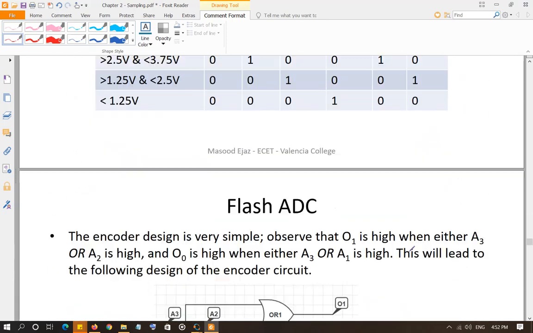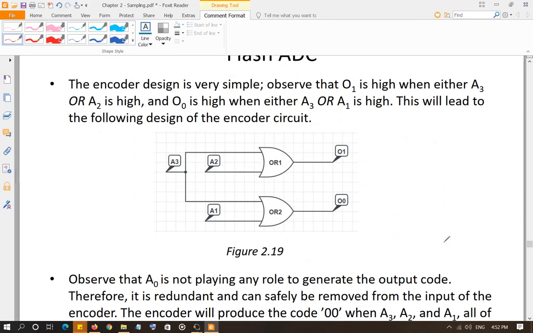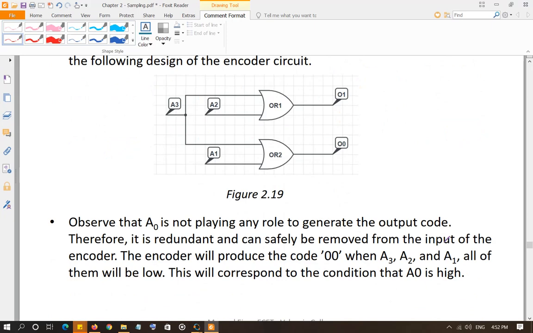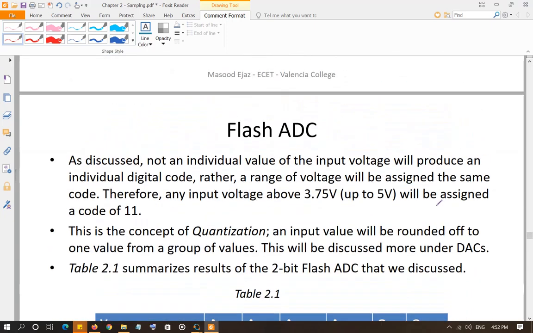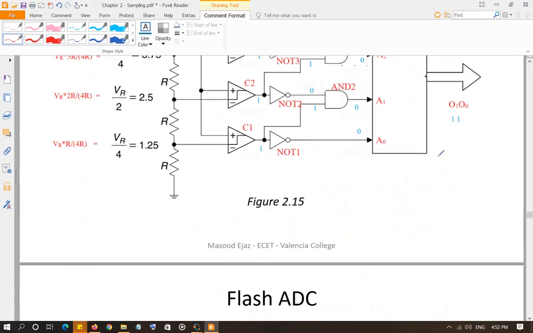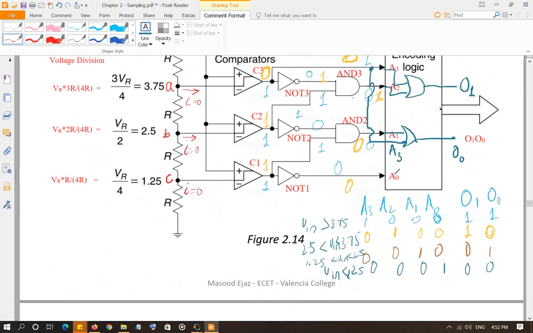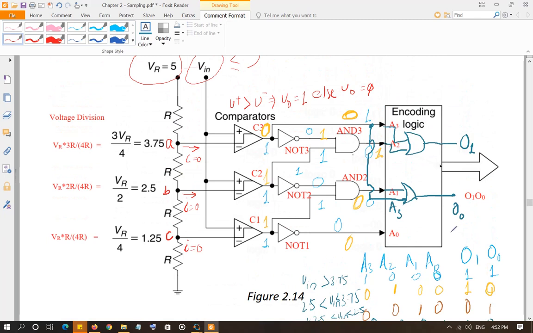This table I discussed with you, and finally the design of the encoder is discussed with you as well. So go over this thing. Observe, I did not mention one thing. If I go back to that, you can see that we are not really using A0 to generate the output of your encoder. A0 is called a redundant input to the encoder.